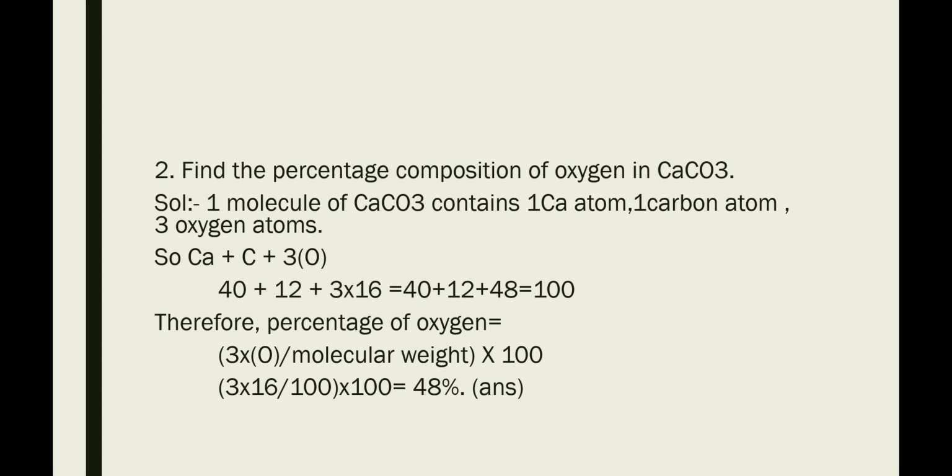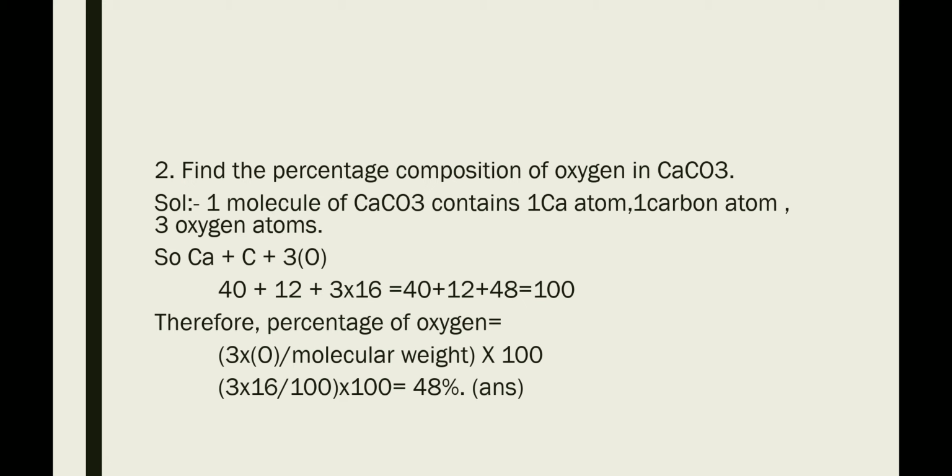Let us take another question. Question number 2. Find the percentage composition of oxygen in calcium carbonate. Calcium carbonate formula is CaCO3. As usual, first of all, we should calculate the molecular weight of calcium carbonate. One molecule of calcium carbonate contains one atom of calcium, one atom of carbon, and 3 atoms of oxygen.